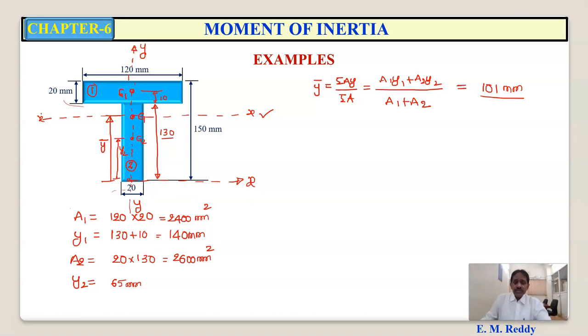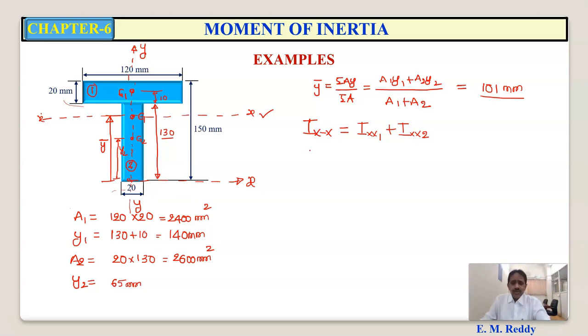Now, the moment of inertia about the centroidal x-axis of the entire figure is equal to the moment of inertia about the centroidal x-axis of rectangle 1 plus moment of inertia about the centroidal x-axis of rectangle 2. Is it clear?